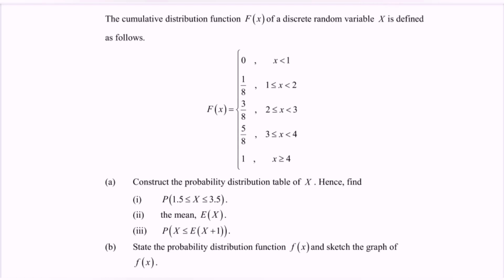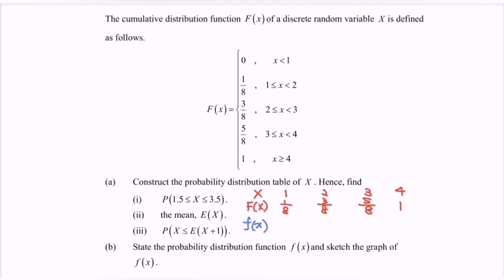Now focus on the function. We have the random variable x, where the values of x are 1, 2, 3, and 4. For the cumulative distribution, we will have 1 over 8, 3 over 8, 5 over 8, and 1. In order to construct the probability distribution table, we denote it as small letter f.